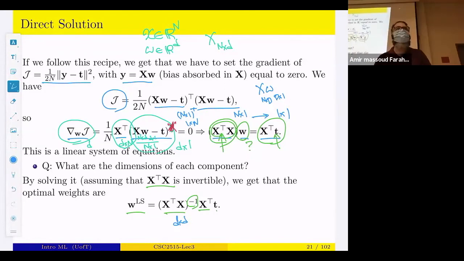And then x transpose would be d by n, and this would be n by 1. So we have d by d multiplied by d by n, multiplied by n by 1, so it would be d by 1, which is consistent with the dimension of our weight vector, being d-dimensional.